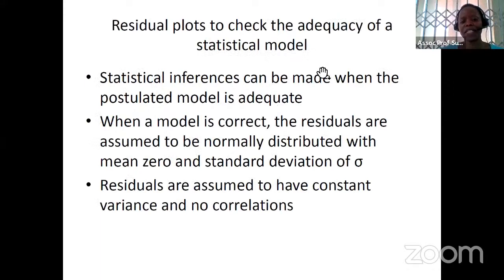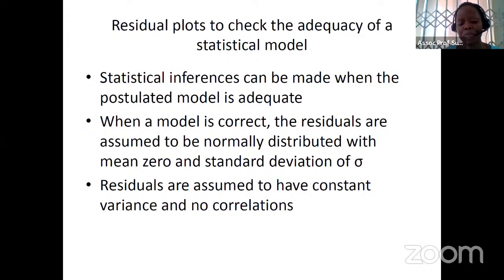So here we find that statistical inferences can be made when the postulated model is adequate. A model is adequate when the residuals are assumed to be normally distributed with mean 0 and standard deviation sigma. That is one of the assumptions.